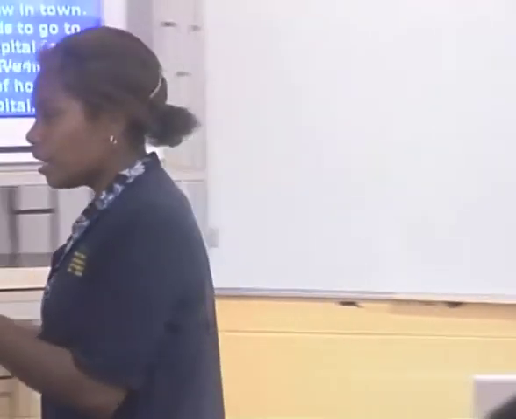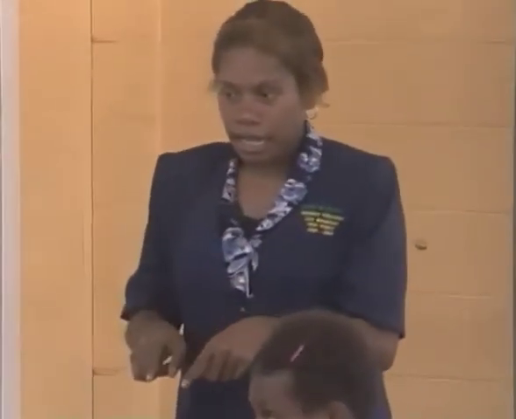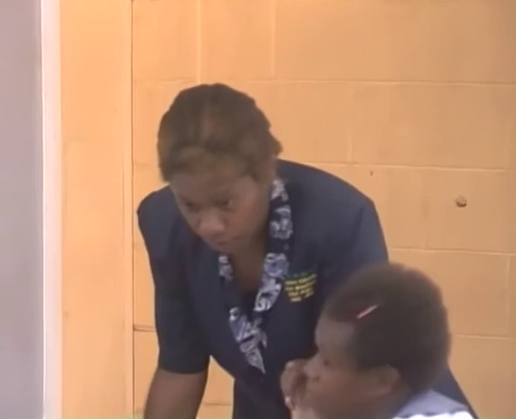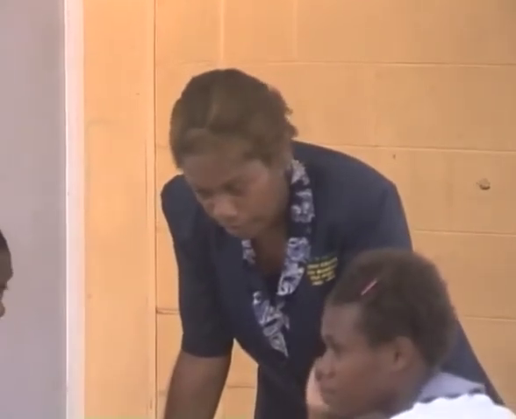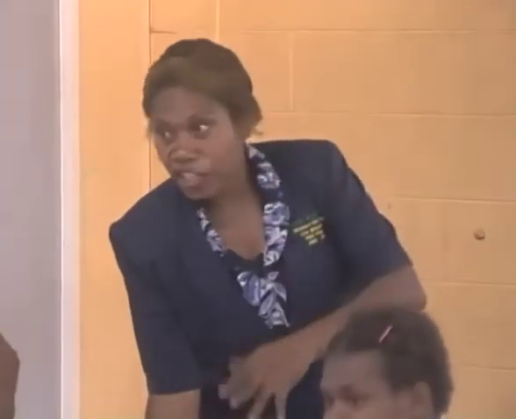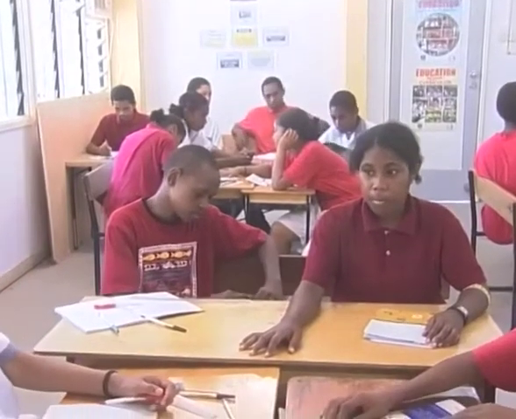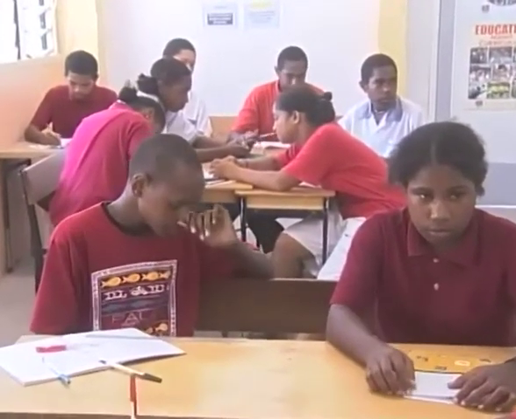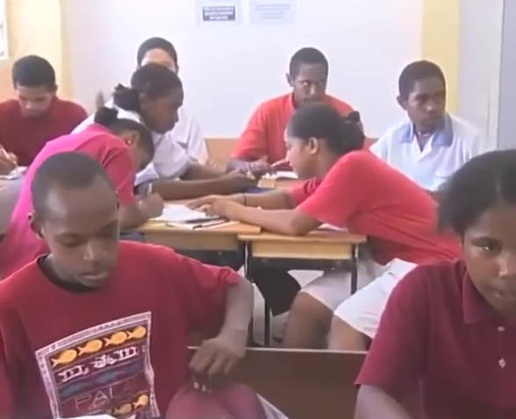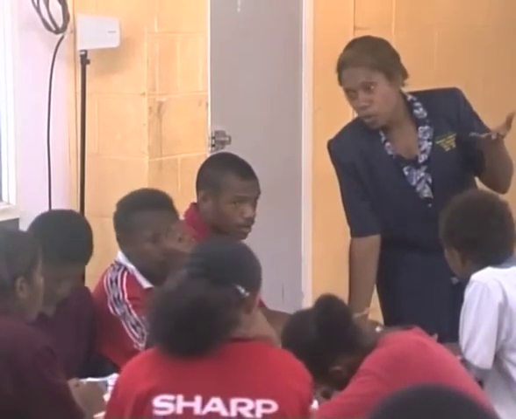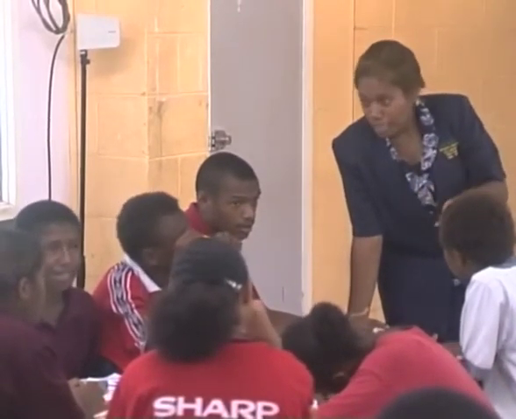All right, group one, group leader, please. Who's the group leader? Is the manager? Okay, decide what you are going to act. Remember, you are going to explain or give the direction to someone who is new, or maybe to a family who is new in town and wants to go to the market, and you explain the direction.